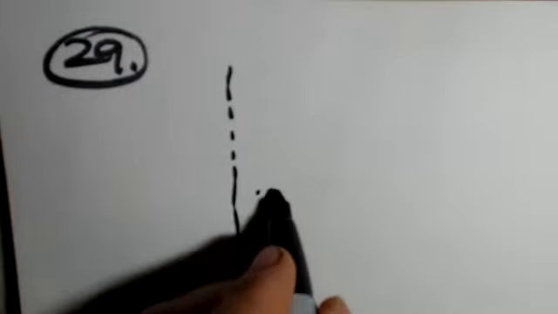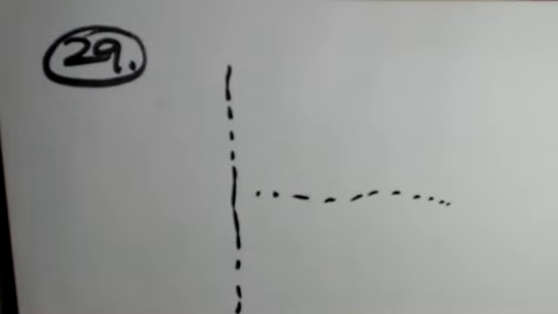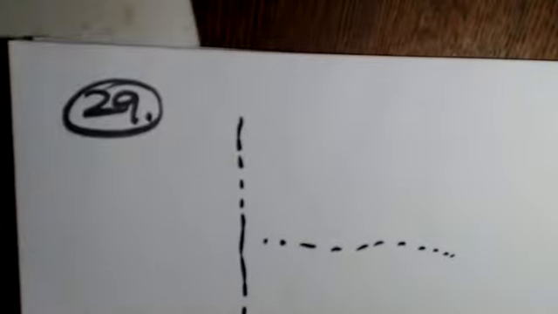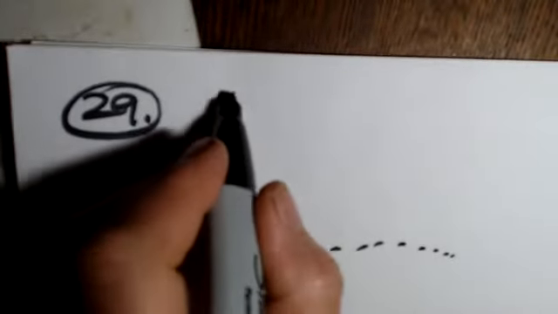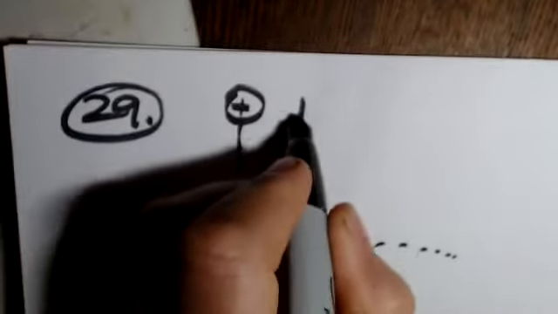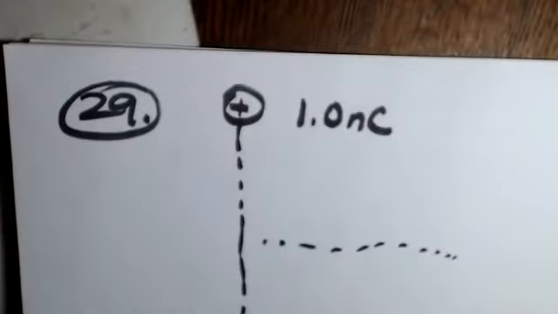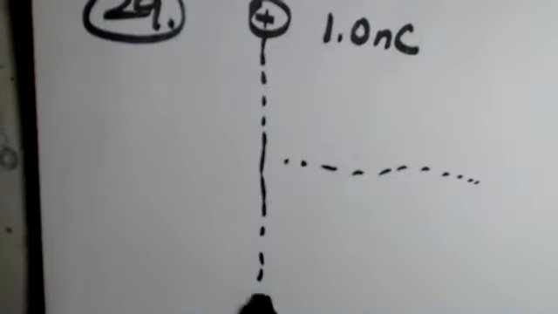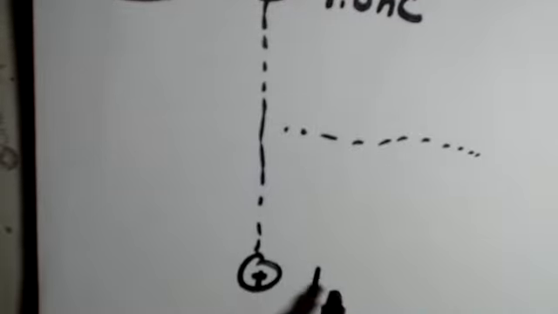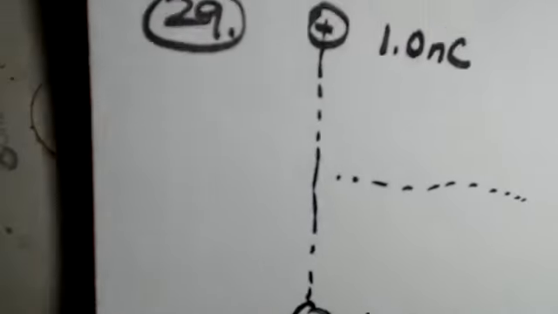So what I've got is a coordinate system set up here. Okay, that's terrible, but you can draw better than that. Up here, I've got a +1 nanocoulomb charge. Down here, I've got a +1 nanocoulomb charge.